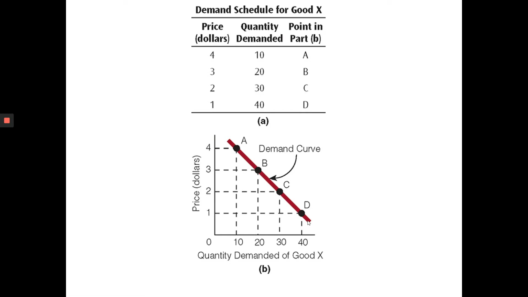This is a demand schedule, which shows from left to right a downsloping shape, which means when the product price rises from $3 to $4, this buyer is willing to buy less, from 20 pairs to only 10 pairs, by moving the consumer choice from point B to point A. When the product price falls from $2 to $1 per pair, the buyer is willing to buy more than before, from 30 pairs to 40 pairs.